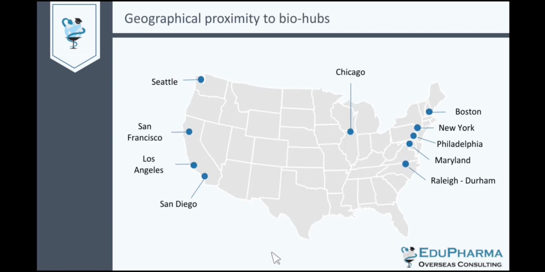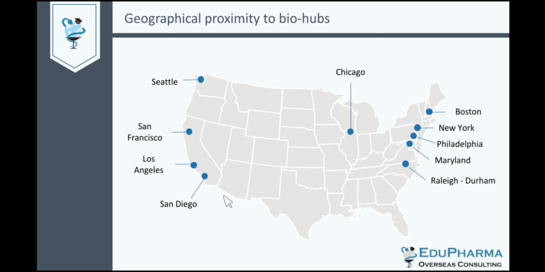Next, you should also consider the geographical proximity to biohubs. Now what do I mean by biohubs? Biohubs are basically places where there is a lot of industrial activity, or there are pharmaceutical companies located in that area. So the pins on this map point to locations where there are a lot of pharmaceutical companies.